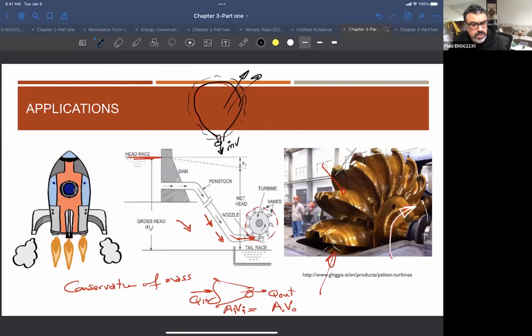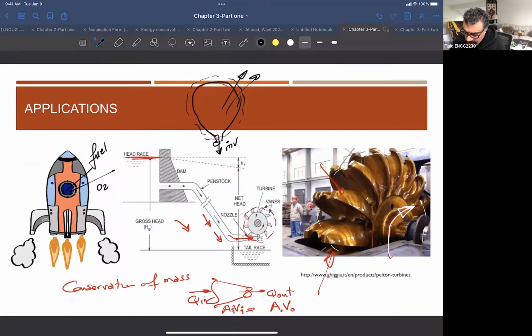Similar idea to the rocket, right? You have a gas, you have a fuel here, and you have, you know, oxygen inside. You are burning this and you are allowing this mass to go out with a very high velocity, right? So what will happen in this case is going to be some forces here.